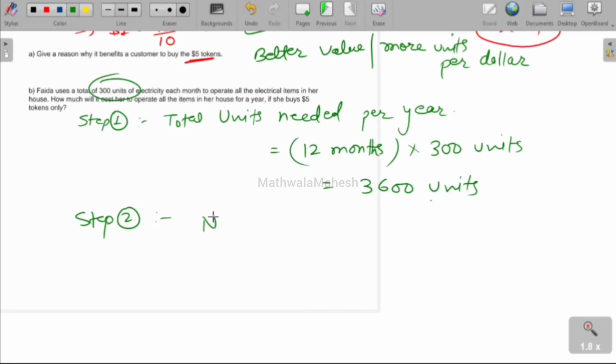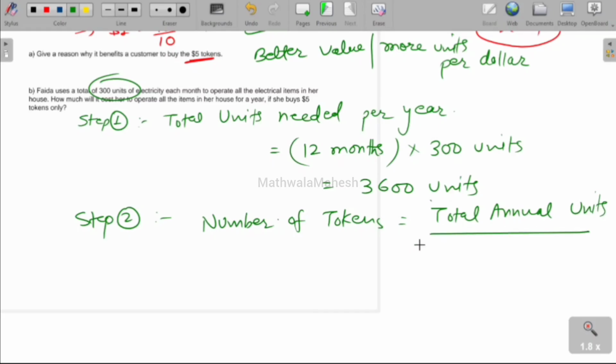So the number of tokens needed equal to total annual units upon units per $5 token.